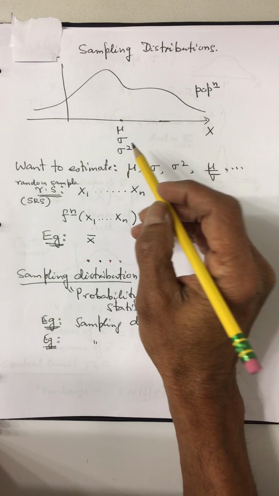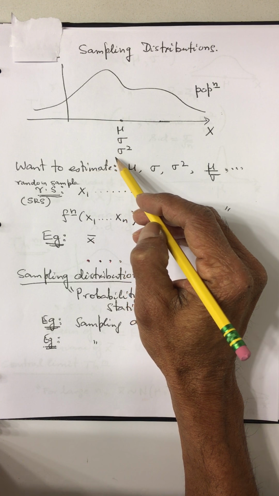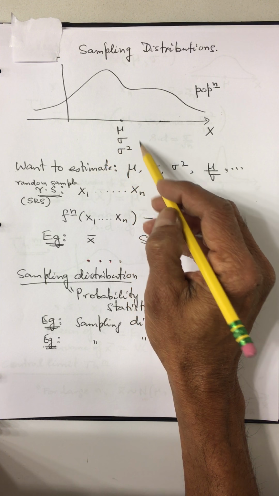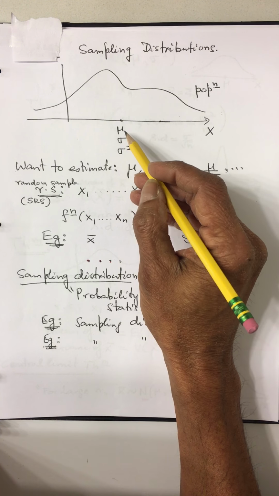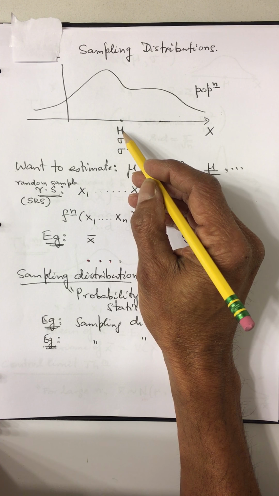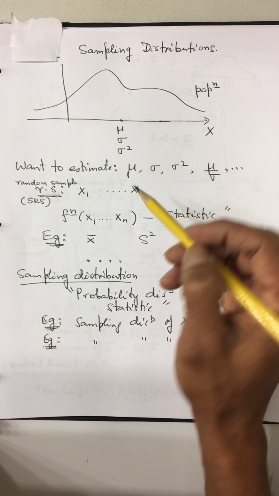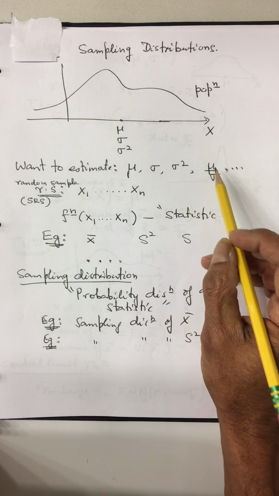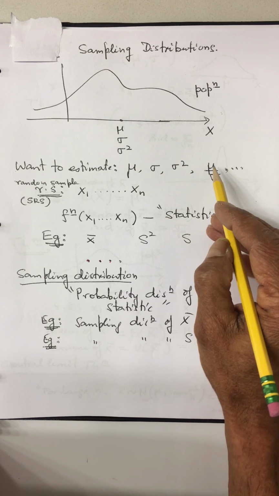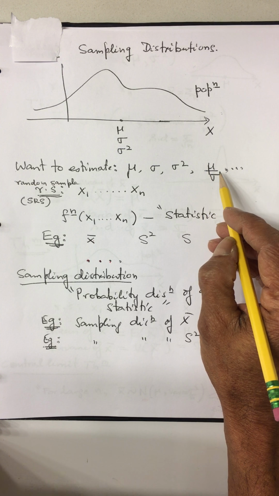In general, we do not know these population parameters. So we want to estimate those parameters like mu, sigma, sigma square, or functions of those quantities. Say for example, sometimes you want to estimate mu divided by sigma.